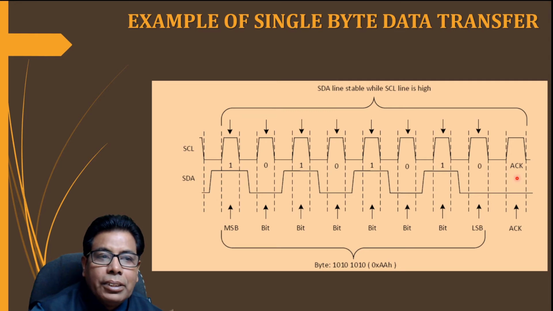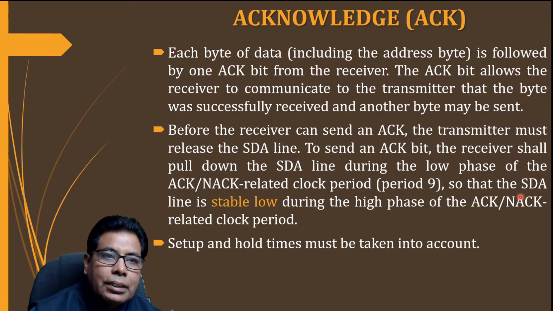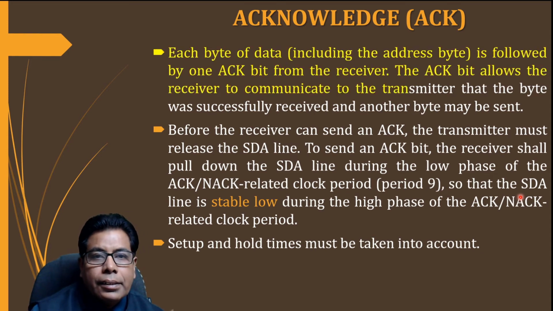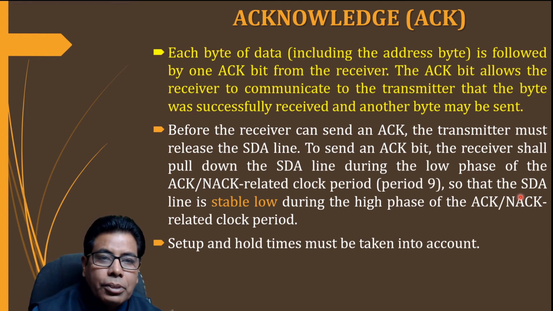So acknowledgement is here. Then let us go further. Let us see how we are going to get the acknowledgement. Each byte of data, including the address byte, is followed by one ACK bit, or acknowledgement, from the receiver.